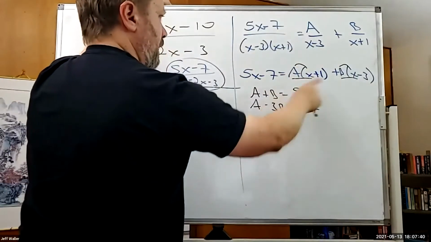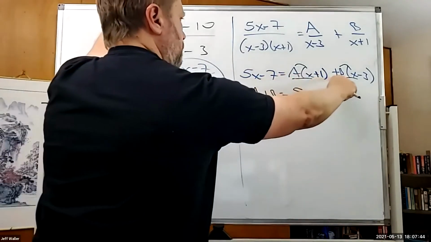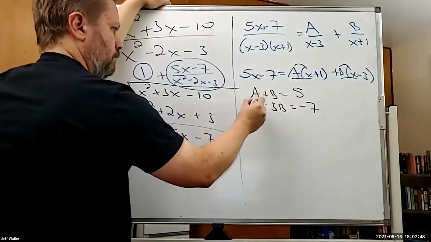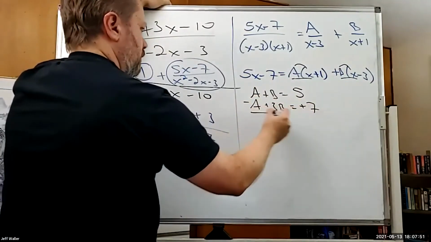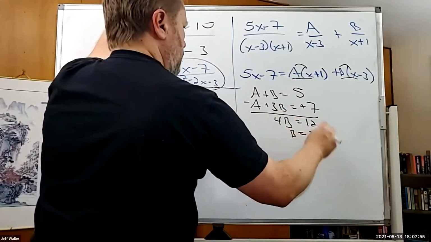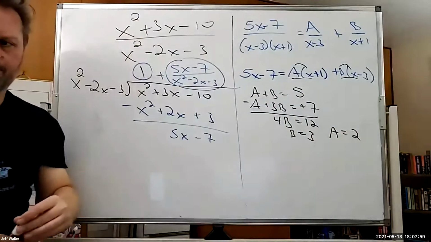That's a plus b, so a plus b must be 5, and a minus 3b has to be -7. If I change all the signs here, I can add these together. So b is 3, and a plus b is 5, so a must be 2.